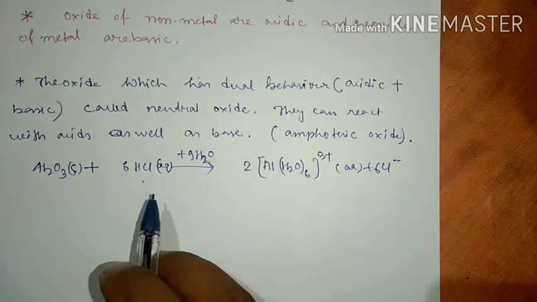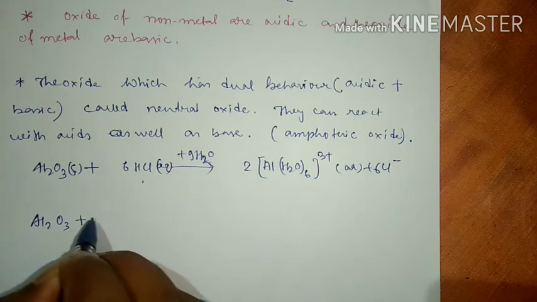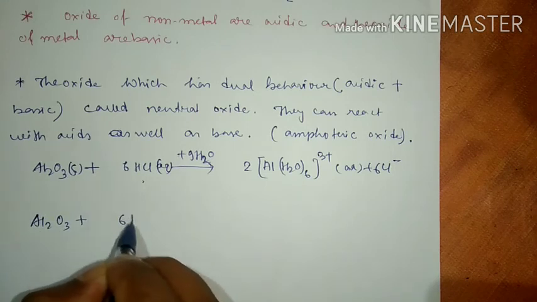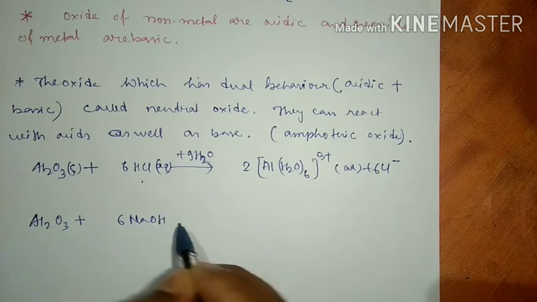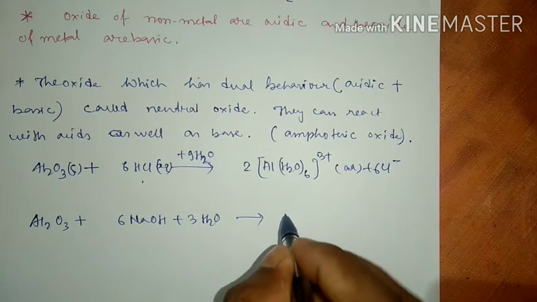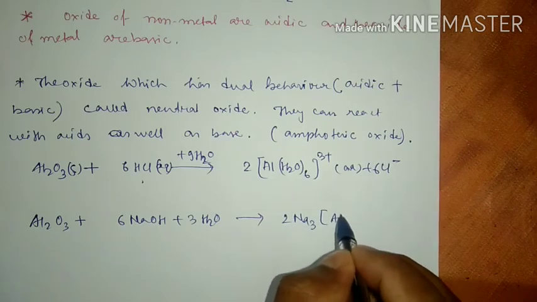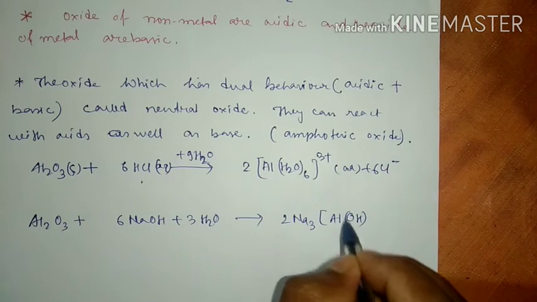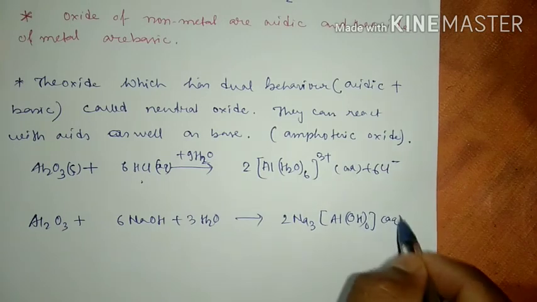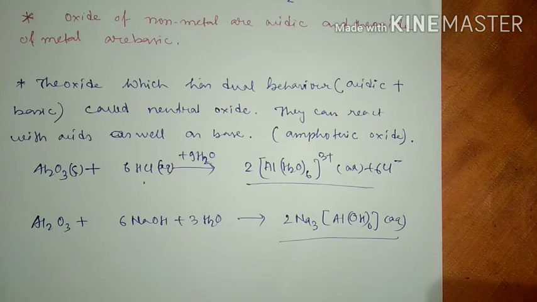Now what happens if it reacts with a base? Suppose aluminum oxide is reacting with a base plus 3 moles of water, it produces 2 Na3[Al(OH)6]. Both are salts. This one is a coordination complex, this one is also a coordination compound, but it is salt in nature.